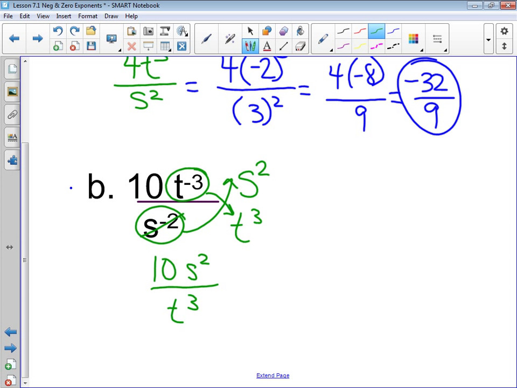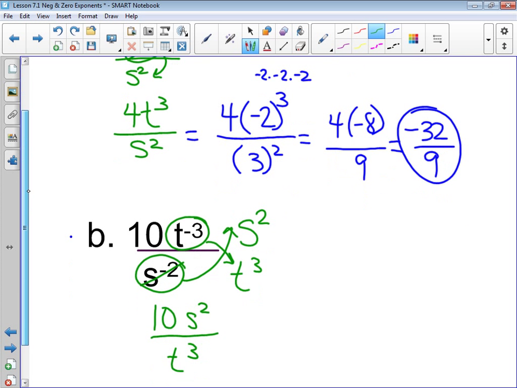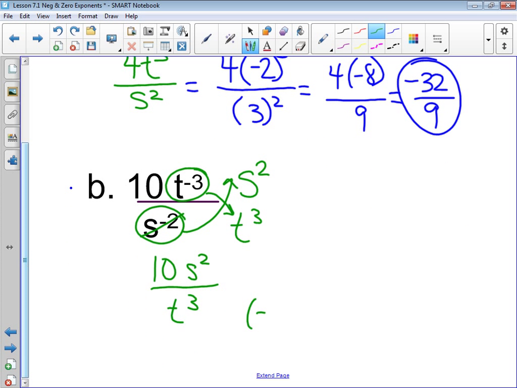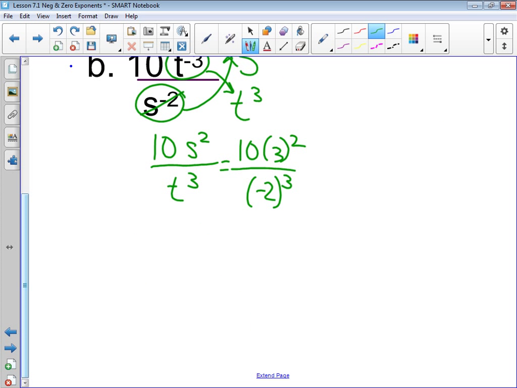And now I can take the values for t and s and replace them in this expression. T is negative 2, and s is 3. Three squared is 9. 9 times 10 is 90.